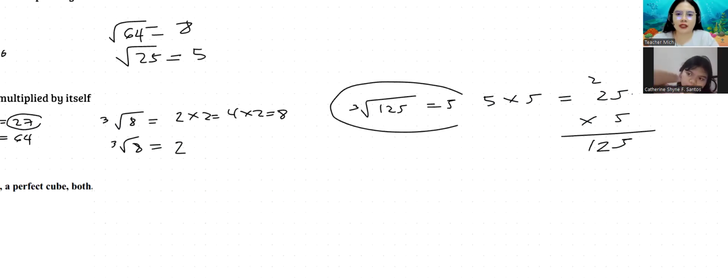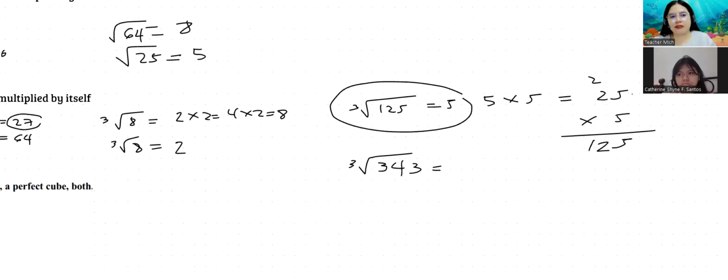How about this one? The cube root of 343. So it means it's more than 5 since the cube root of 125 is just 5. So higher than 5. Think of a number higher than 5 that when you multiply 3 times by itself, the result is equal to 343.